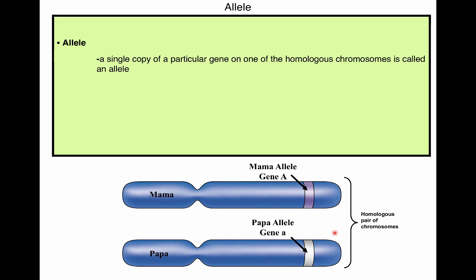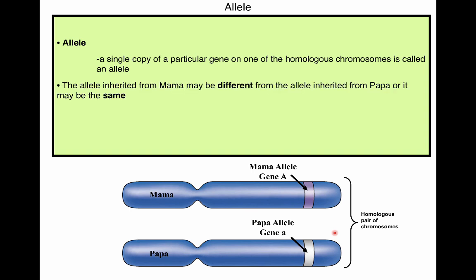Now, the version of the gene that's on mama versus papa chromosome might be different. And so different versions of a gene are called an allele. And the allele inherited from mama might be different than the allele inherited from papa for a particular gene.